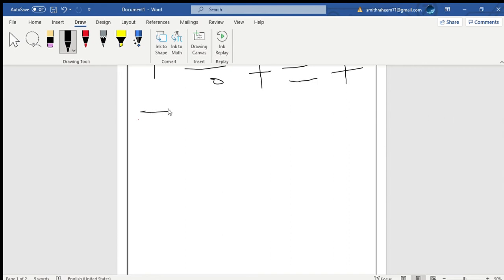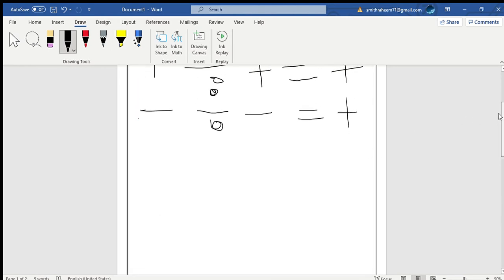And a negative divided by a negative, your answer will be positive. So negative divided by a negative, your answer will be positive.